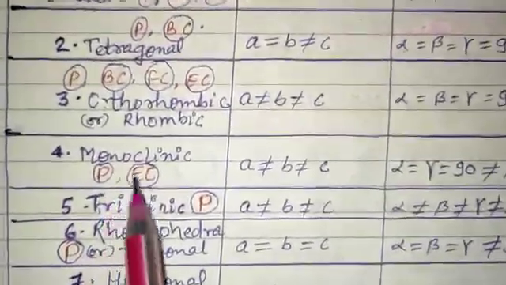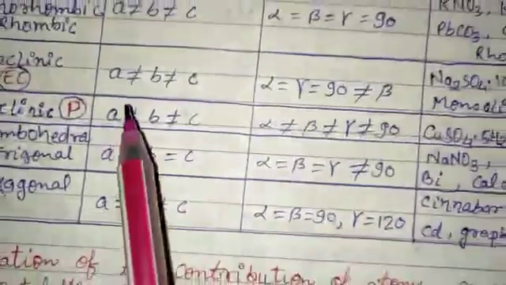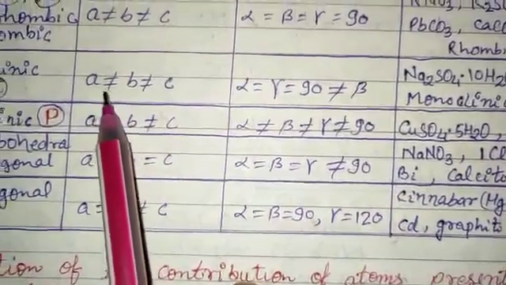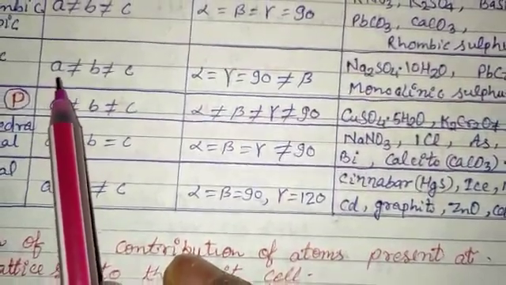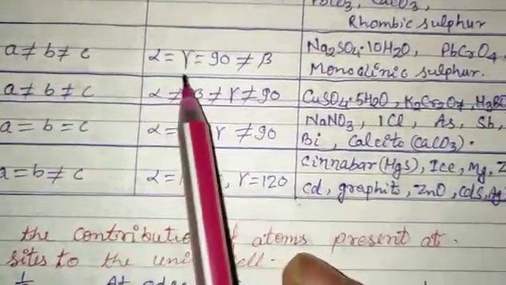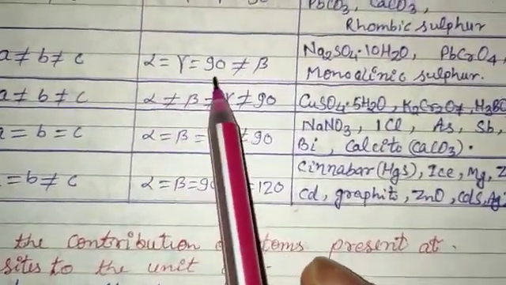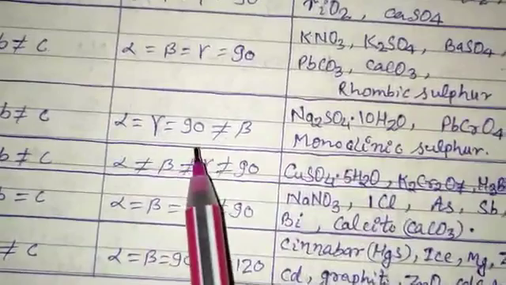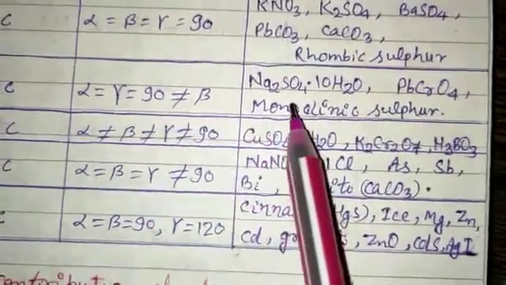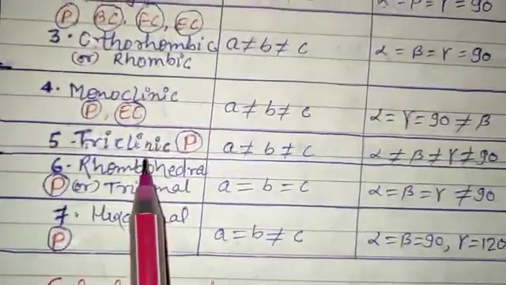Next, monoclinic. In this, two types of crystal lattice are possible, primitive and end centered, in which all the edges are not equal to each other, meaning length, breadth, height are different, and the two angles alpha and gamma are equal to 90 degrees, while beta is not equal to alpha and gamma and also not equal to 90 degrees. Examples are sodium sulfate decahydrate, lead chromate, etc. Next, triclinic.